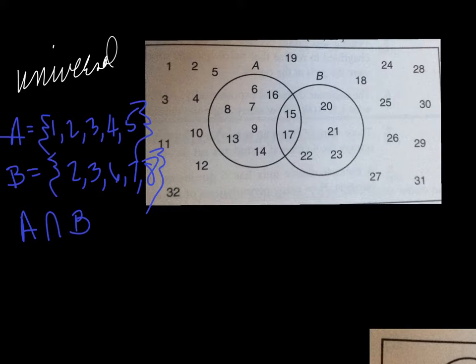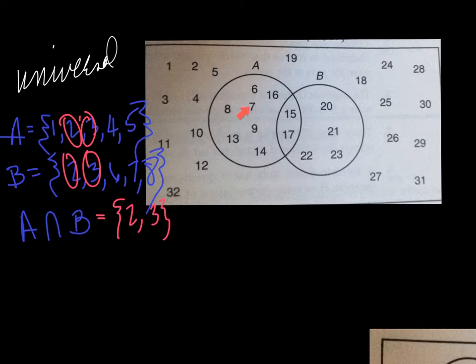I would look at each set and pick the numbers that are common to both. So that would equal the set 2, 3, because those are the only numbers that are common to both. So you can look at it pictorially and see two sets and see what's common to both. Or you can look at a set of numbers here. Now notice I've got a 2 and a 2 here. I only write it one time. And the 3, I only write it one time. I don't write all of the numbers because I'm just looking at which numbers are common to both of those.